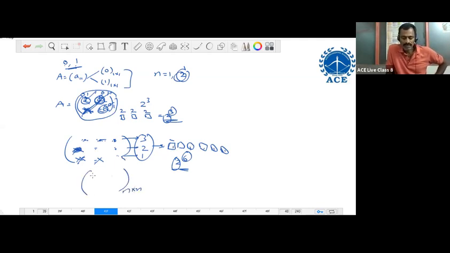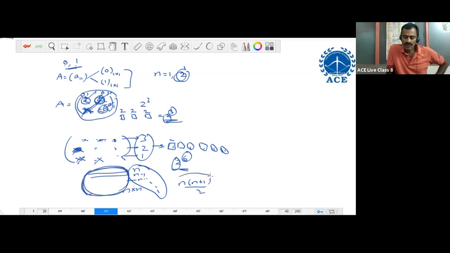In the nth order matrix, along the first row, the maximum number of different elements is n. In the next row, n minus 1. In the next row, n minus 2, and so on up to 1. This is the same as the sum of the first n natural numbers, that is n into n plus 1 by 2. So in the nth order square symmetric matrix, this many different elements will be there, and for each element there are 2 possibilities, 0 or 1.